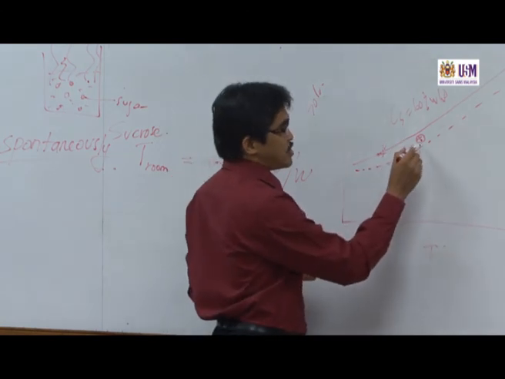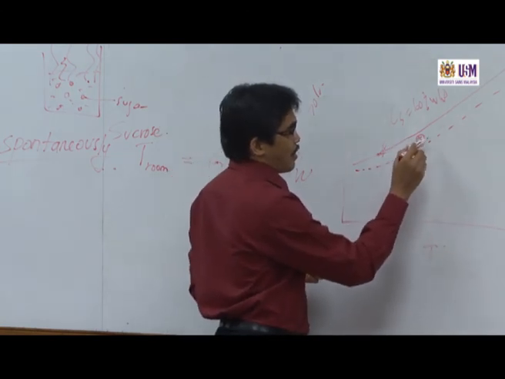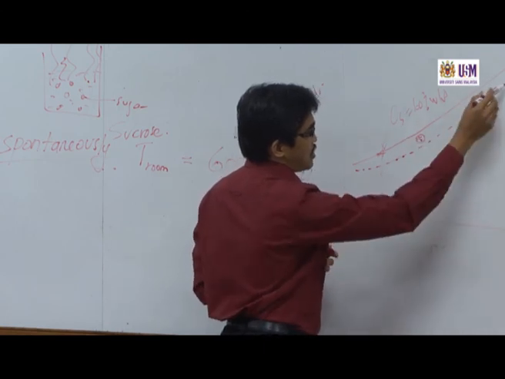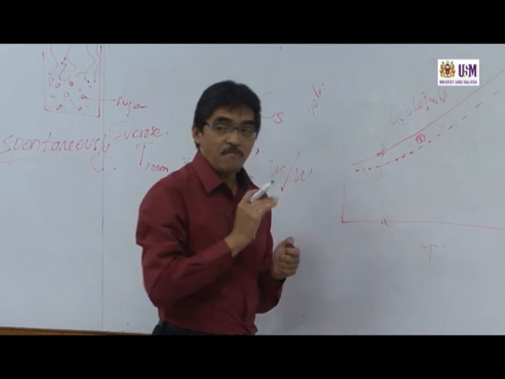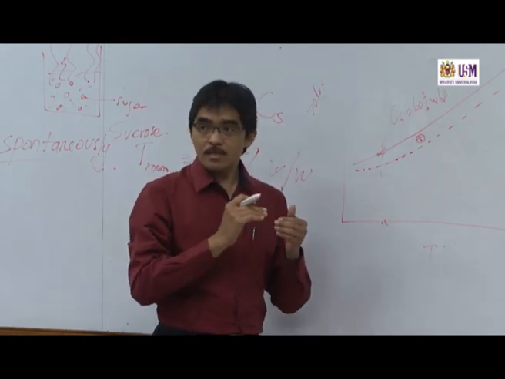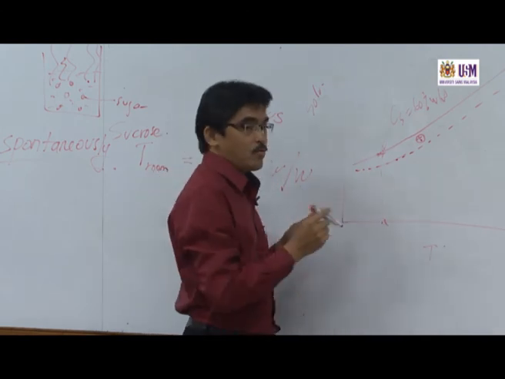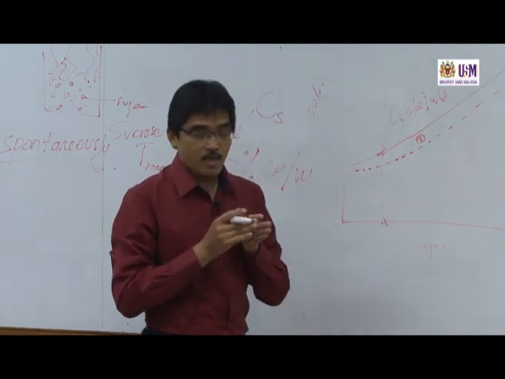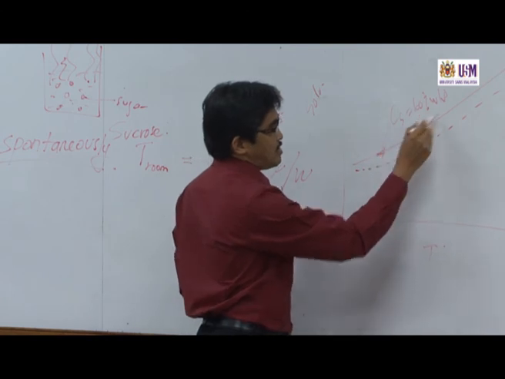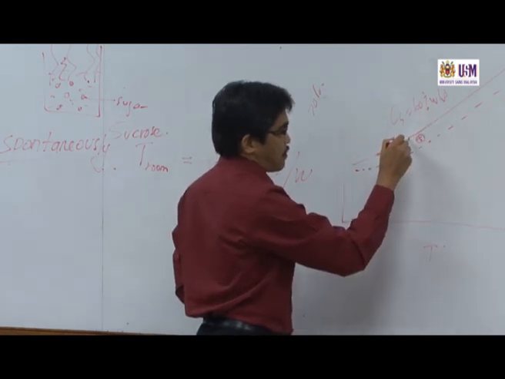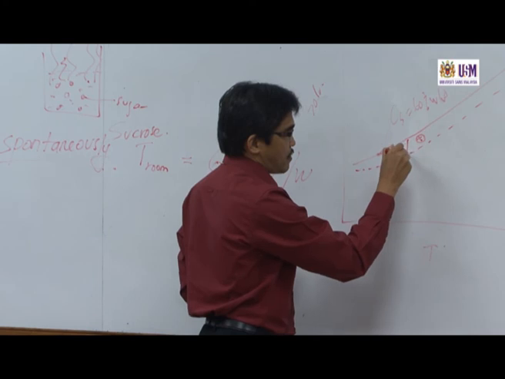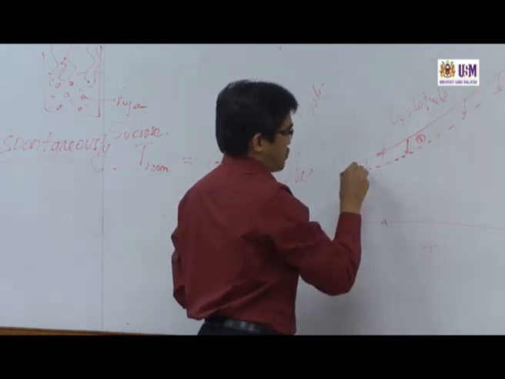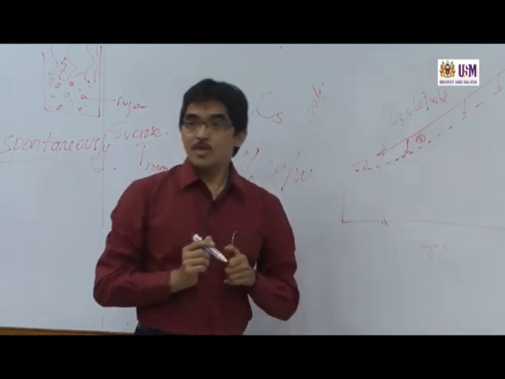So in effect, when we add a second solvent, it will reduce the solubility of the sugar. So this line would sort of shift down to this dash line.